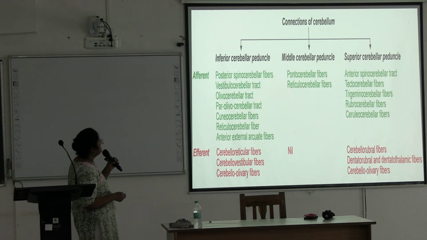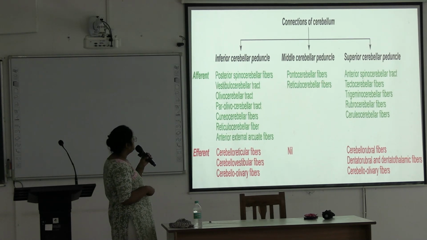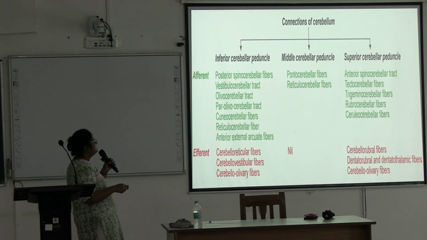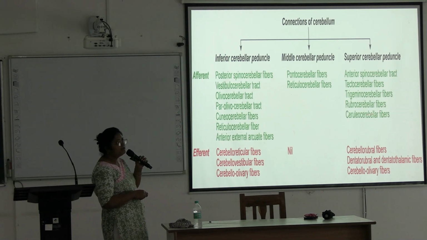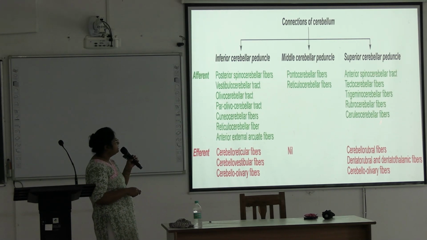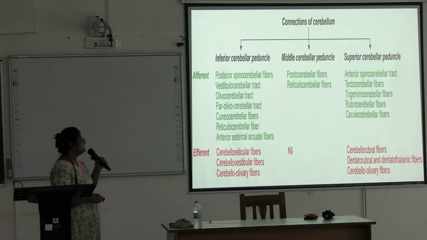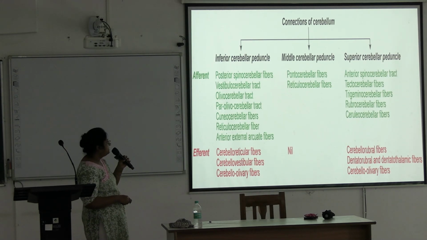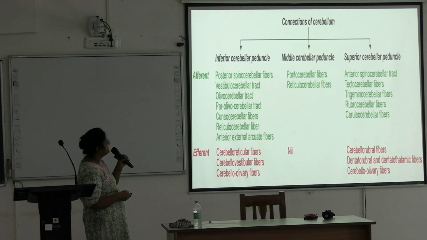For the middle cerebellar peduncle, only afferents: pontocerebellar, reticulocerebellar. Efferents are nil. And for the superior cerebellar peduncle, afferents are anterior spinocerebellar, tectocerebellar, trigeminocerebellar, rubrocerebellar, ceruleocerebellar. And efferents are cerebellorubral, dentatorubral, dentatothalamic and cerebello-olivary fibers. So these are the efferents for the superior cerebellar peduncle.